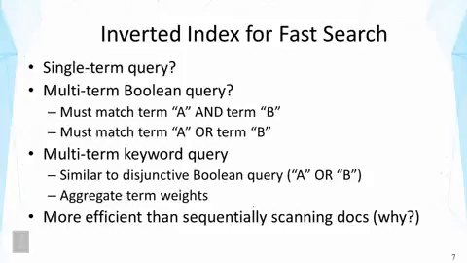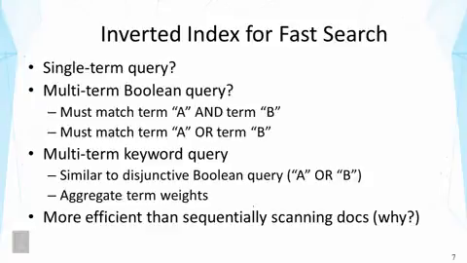Now, what about the multi-term keyword query? We talked about the vector space model, for example, and we would match such a query with a document and generate a score. And the score is based on aggregated term weights. So in this case, it's not a Boolean query. But the scoring can actually be done in a similar way.